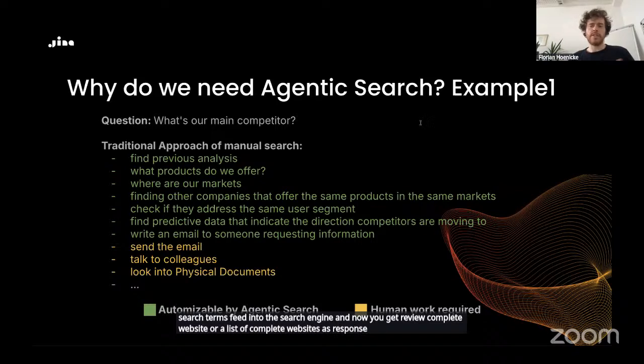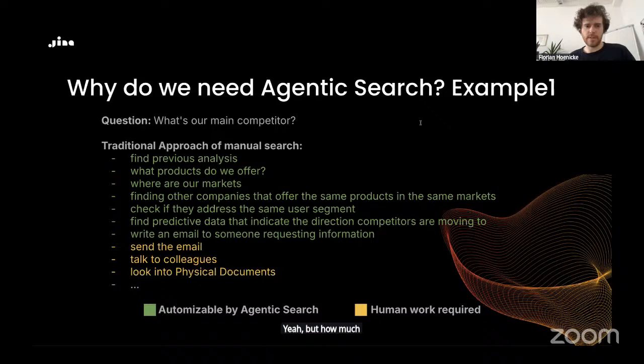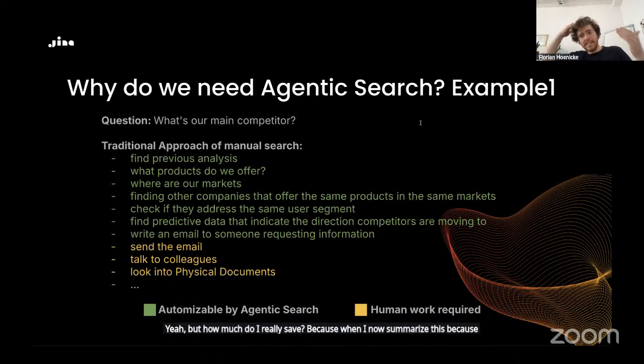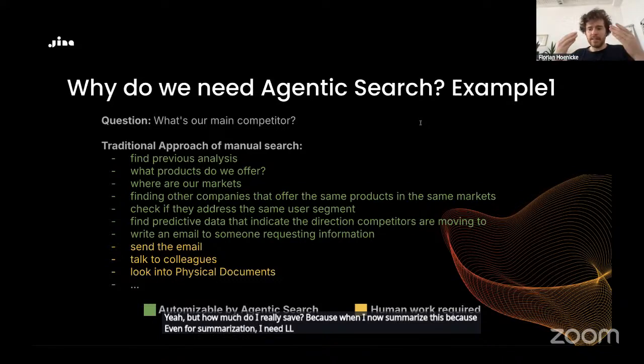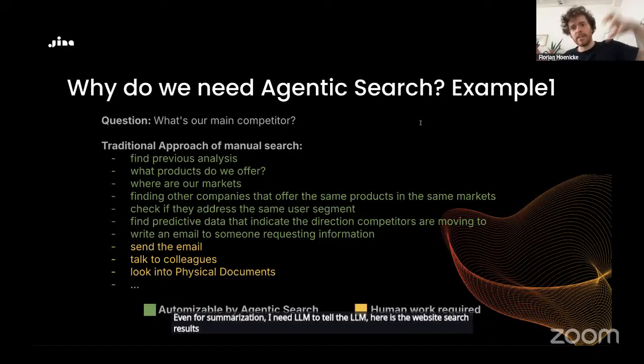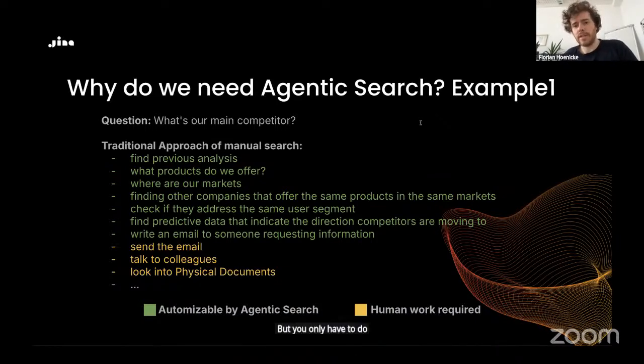And then the question is, how much do I really save when I summarize? Because even for summarization, I need the LLM: I have to tell it, here are the website search results, please compress them, make them a bit smaller. But you only have to do this once, right?